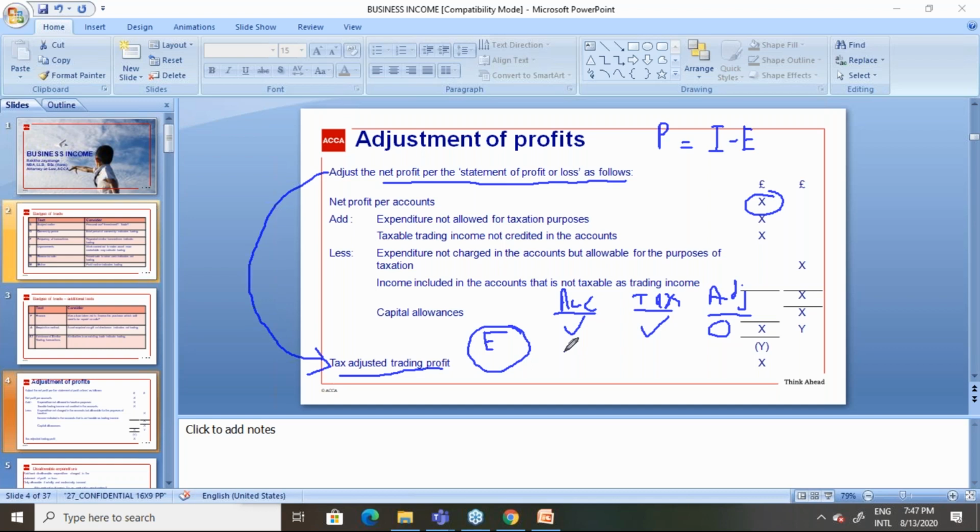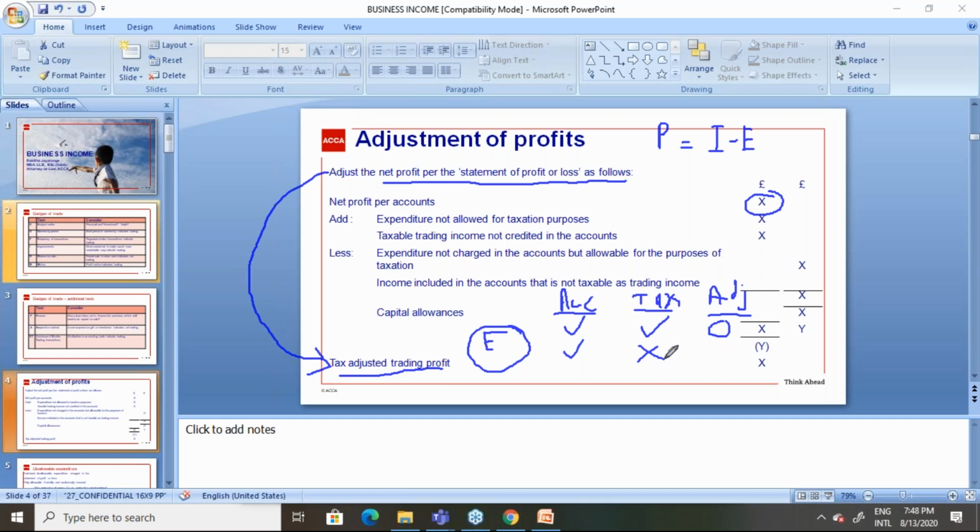But there are certain expenditures allowed in accounting but not allowed in taxation. The best example that I can give you is depreciation. It's an expenditure recognized in accounting, but not acceptable in taxation.